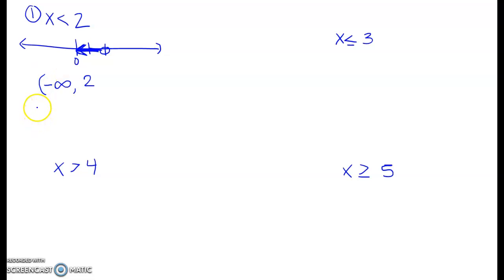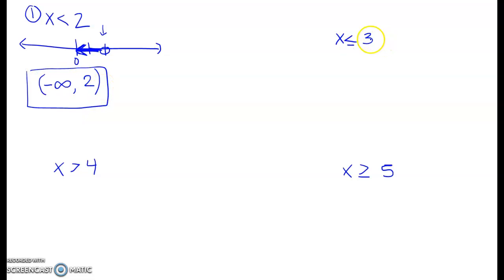This is because you can't include infinity, because infinity goes on forever. Now 2, will it be a parenthesis or bracket? Well, because it's not including 2, and this one is an open circle, that tells us it will be a parenthesis. It just comes right up to 2. And so this would be the interval notation for this problem.